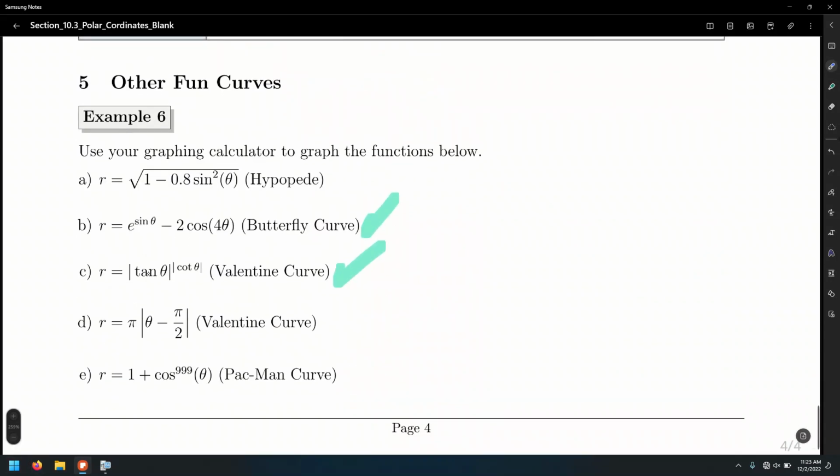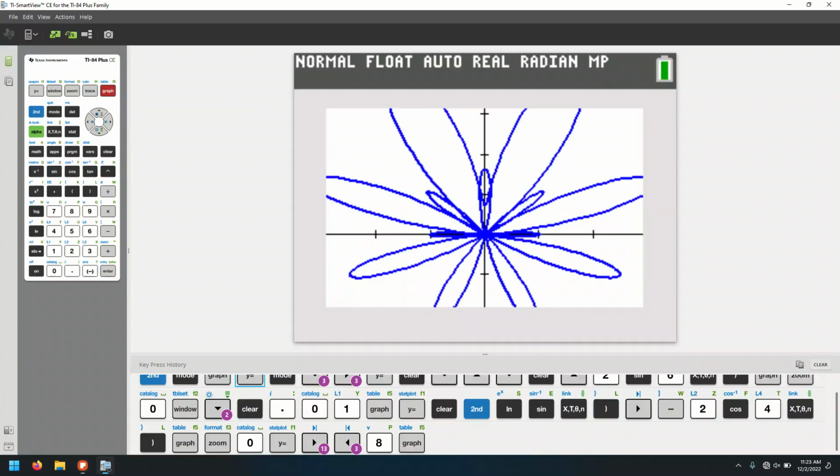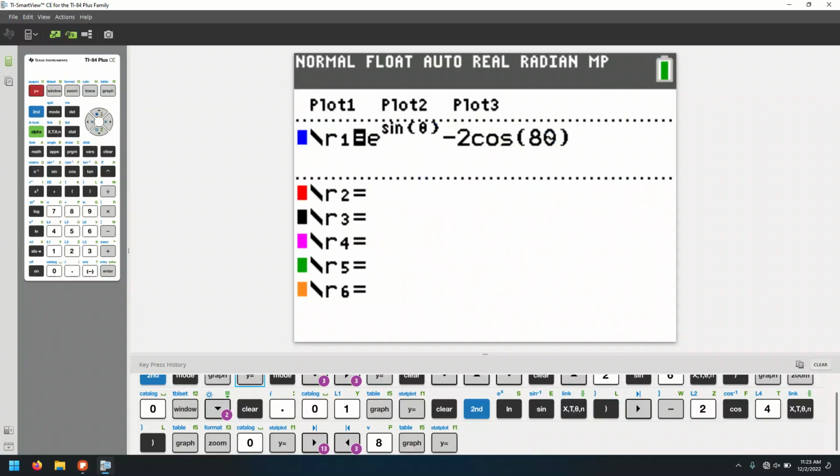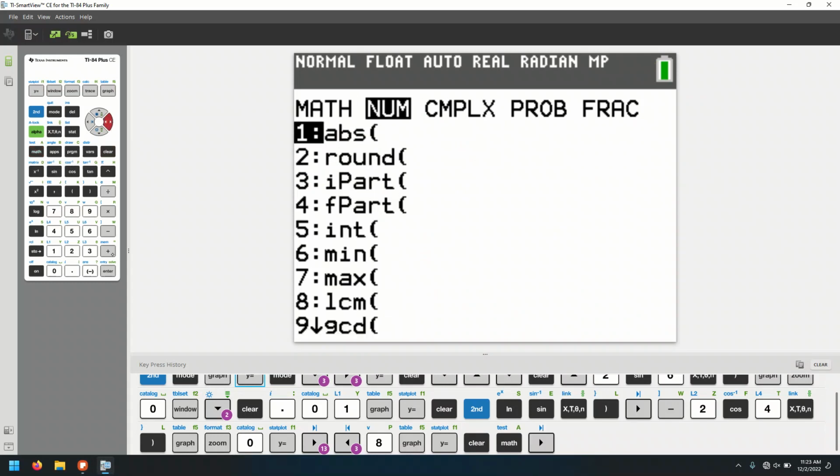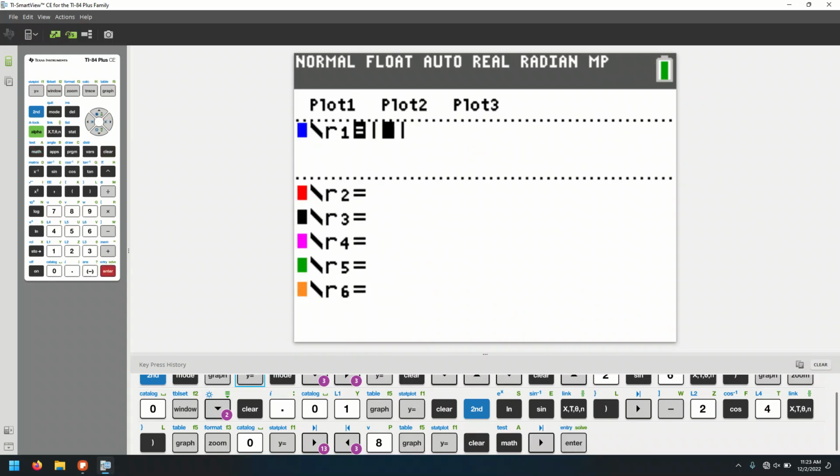Be careful with this one because it involves the absolute value function and it also involves the cotangent function. So when typing these functions on the graphing calculator, let me clear this and let's go math, num. The first function is the absolute value function, and let's do the tangent.